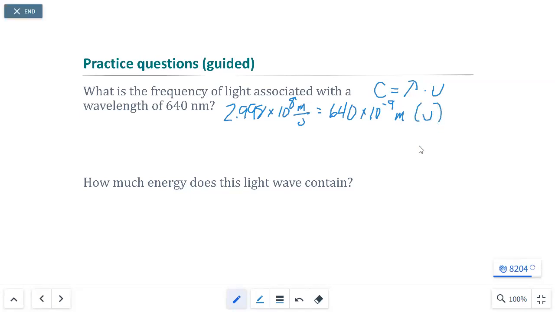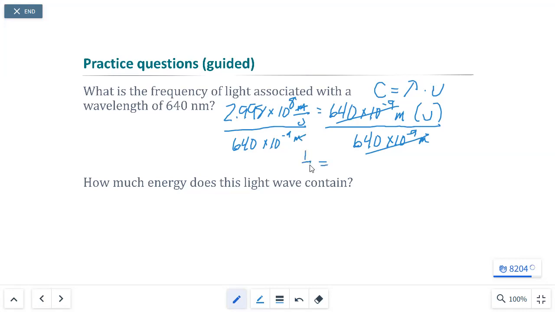Multiplied by the frequency. So to get it, I'm going to need to divide each side by 640 times 10 to the negative 9th meters. And so the meters will end up canceling out.